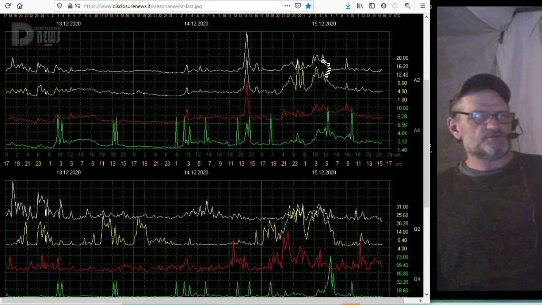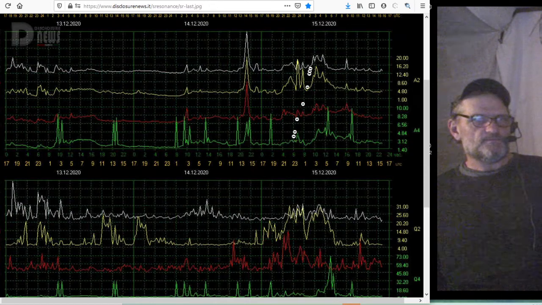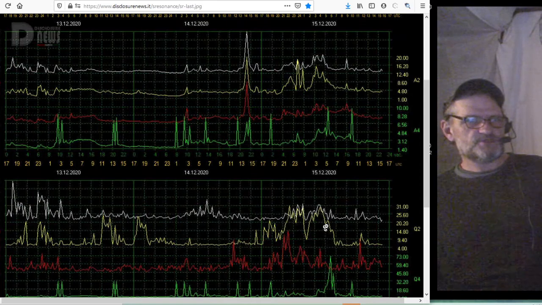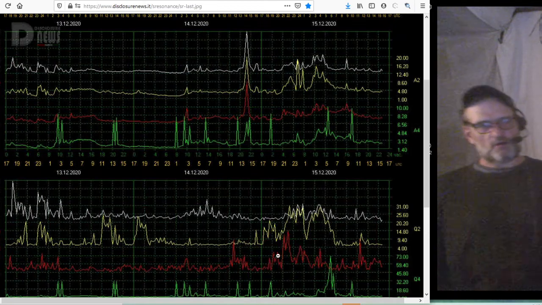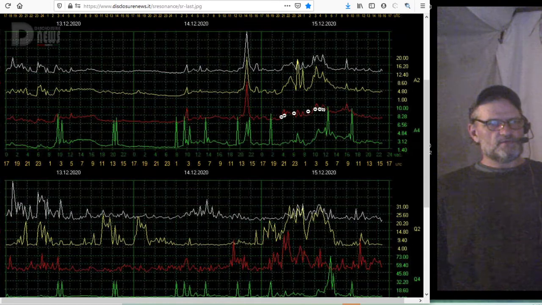If you see the amplitude matching up as you do here, okay, there you see the amplitude matches up again, and the A2, which is the yellow, it's matching up fairly well. Now the line signal is matching up fairly well today.